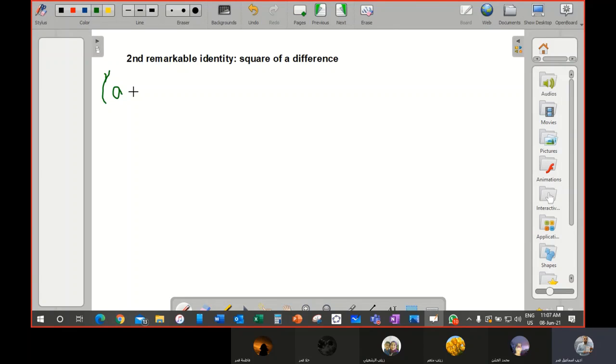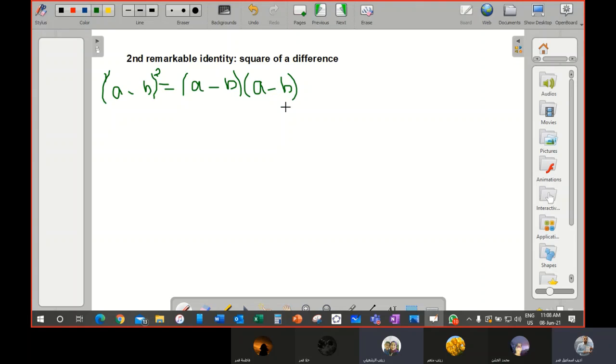A minus B, instead of plus, minus. A minus B squared is equal to A minus B times A minus B. Let her continue.